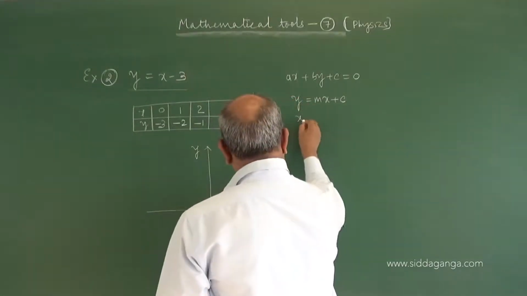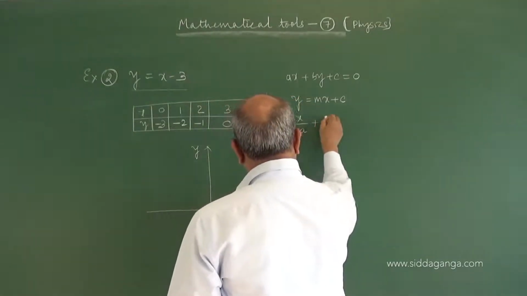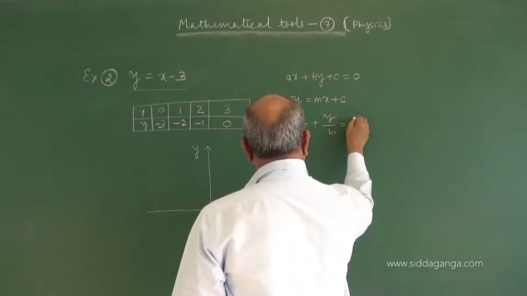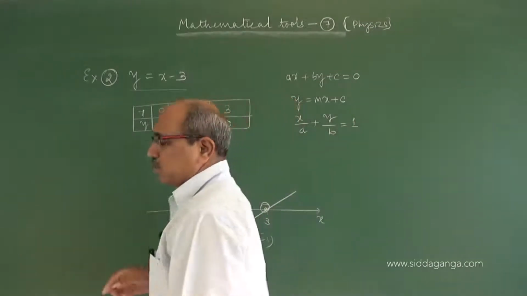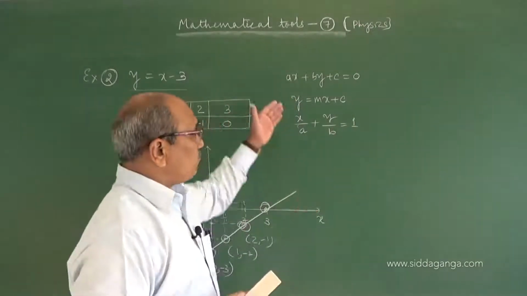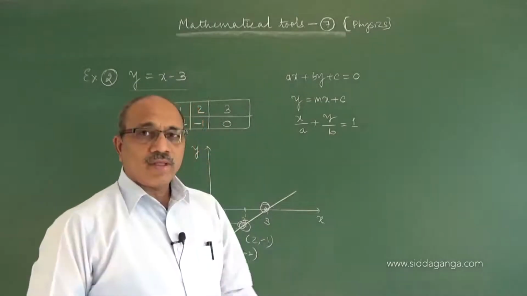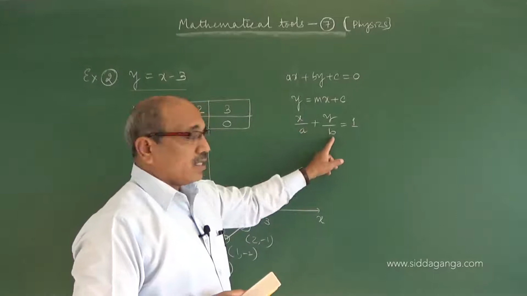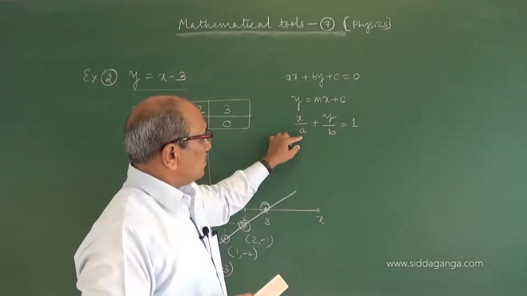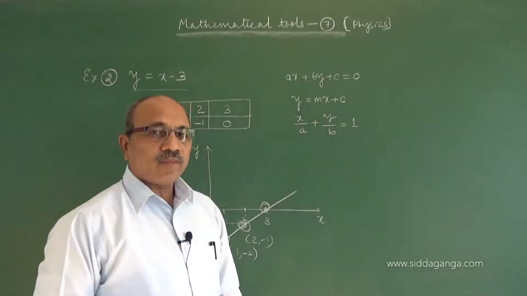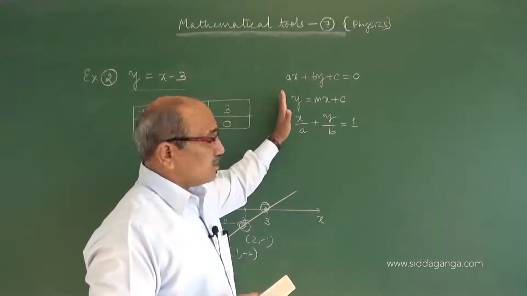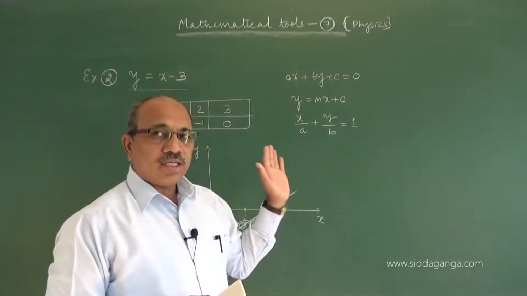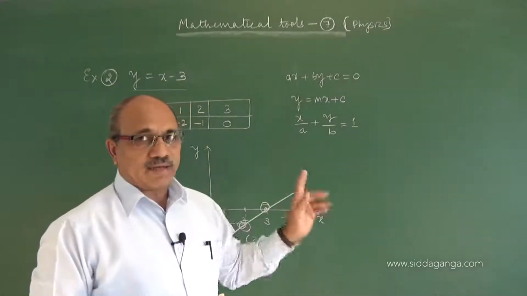It can be extended to x by a plus y by b is equal to 1. An equation in that form is a linear equation, and in this case a and b are the corresponding intercepts. The x intercept is a and the y intercept is b. So these equations geometrically give you the straight line graph.